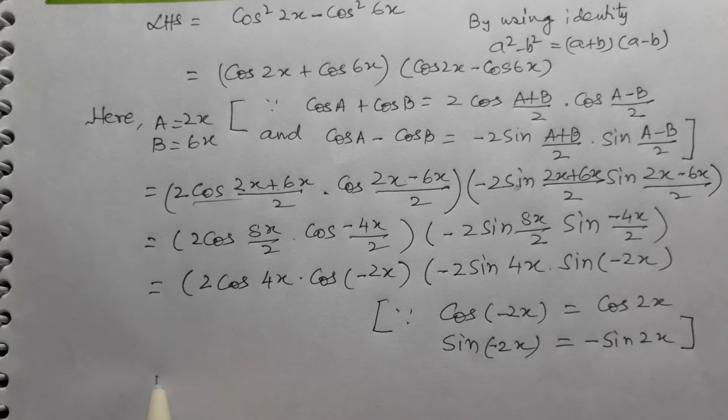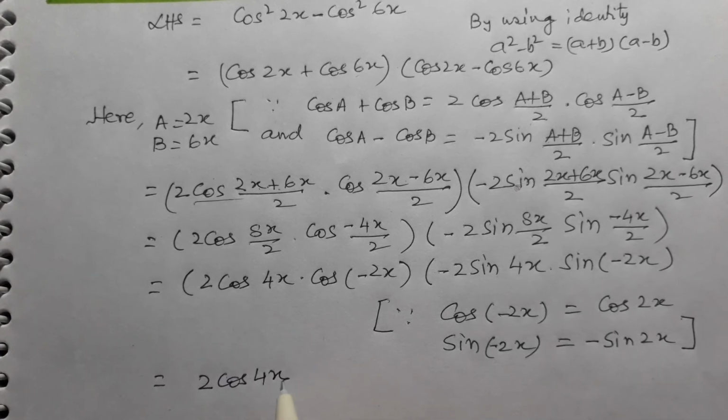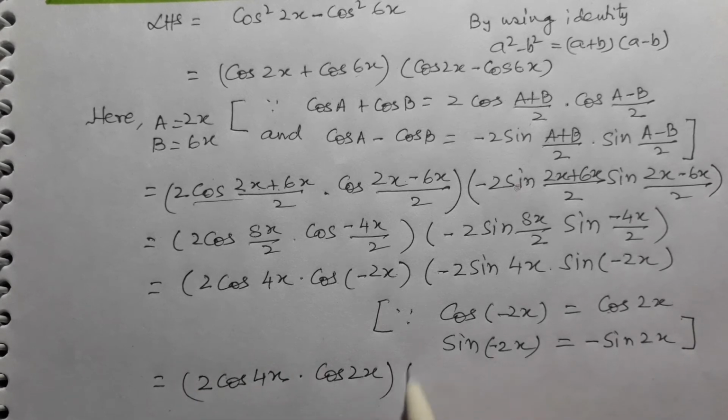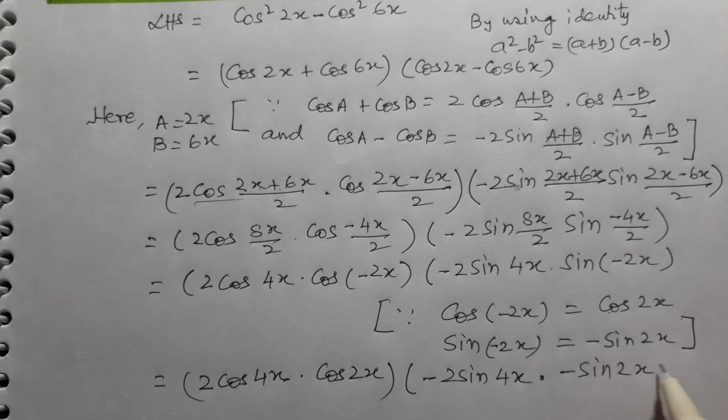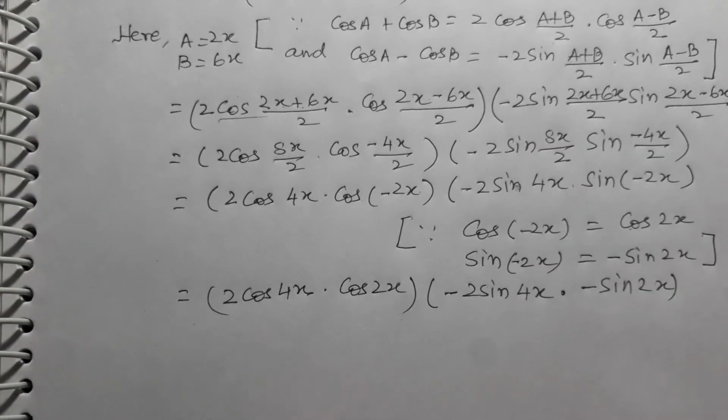So now we can write 2 cos 4x into cos 2x, since cos minus 2x is equal to cos 2x, and this minus 2 sin 4x, and for sin minus 2x we write minus sin 2x, into minus sin 2x.